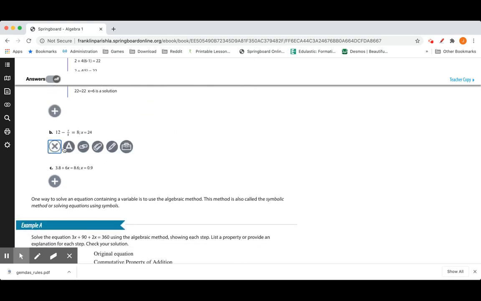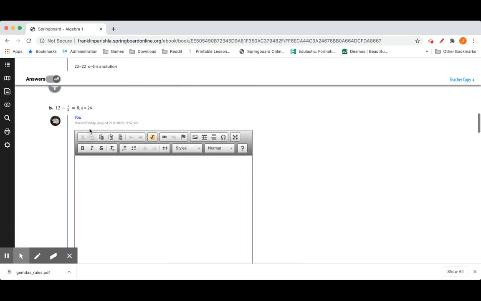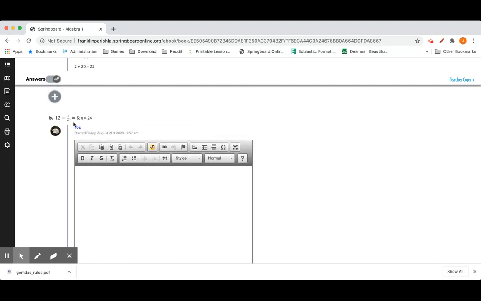Let's look at B. 12 minus x divided by 4 equals 8, and we're going to replace the x with 24 and work it out and see if it is a solution, if it's the right answer.